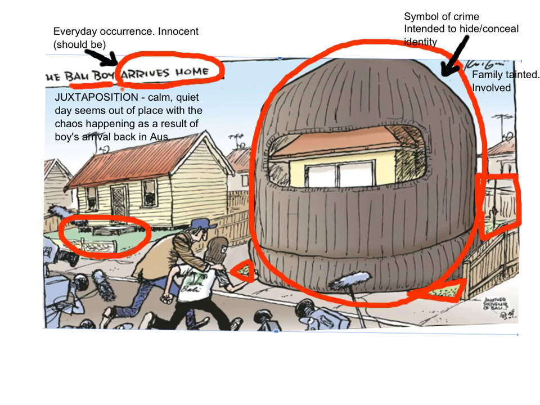There is also, though, this sense of irony, because while a balaclava is initially used as a way to try and hide who you are so that you can't be identified or can't be recognized, in reality, this young boy has almost now come to be associated with the balaclava.